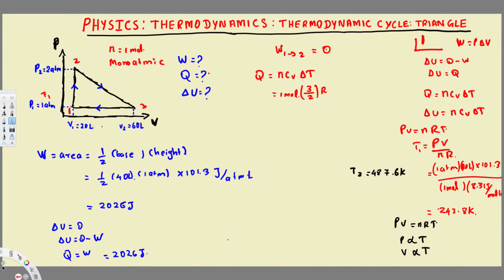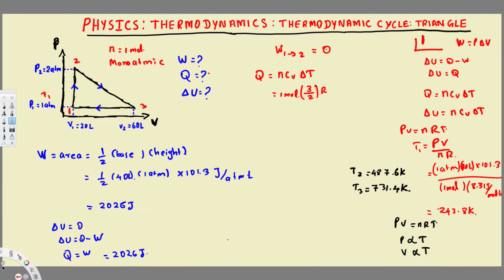Volume is also directly proportional to T, and it's 3 times this volume, right? 20, and this is 3 times that volume. So all you have to do is multiply this value by 3, and that's going to give you 731.4 Kelvin, right? And that's how we do this kind of thing.